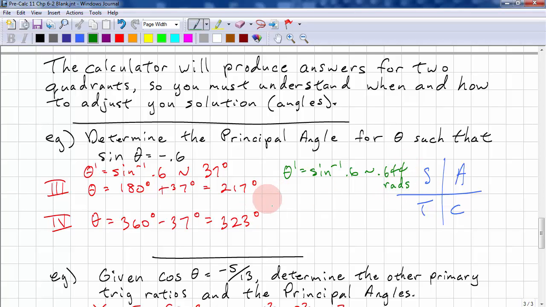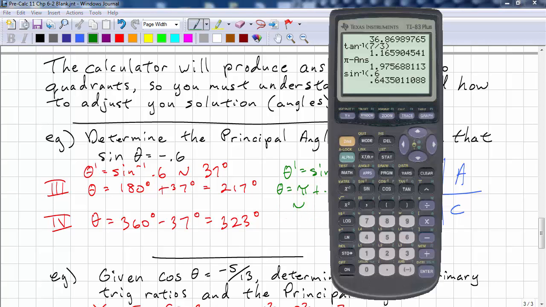So in quadrant 3, theta equals pi plus 0.644. And we get about 3.79.